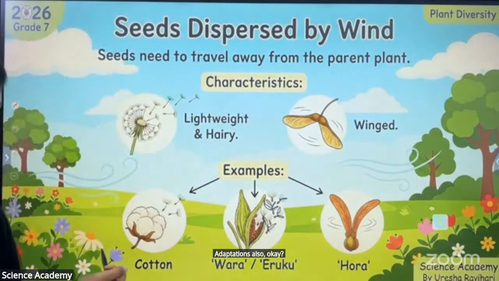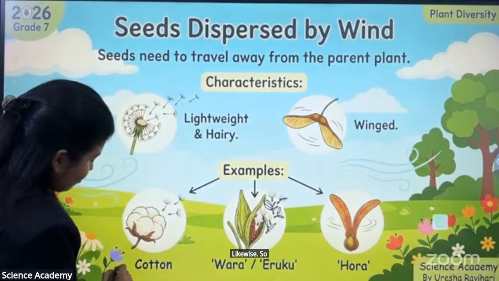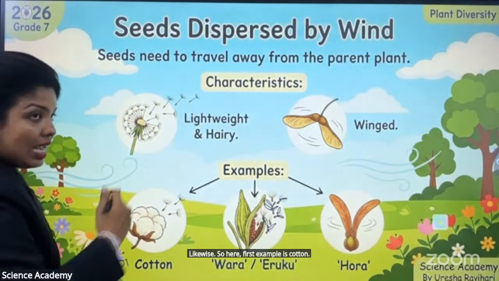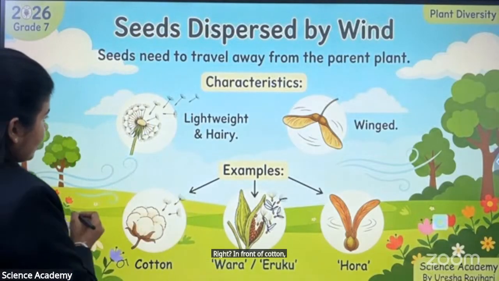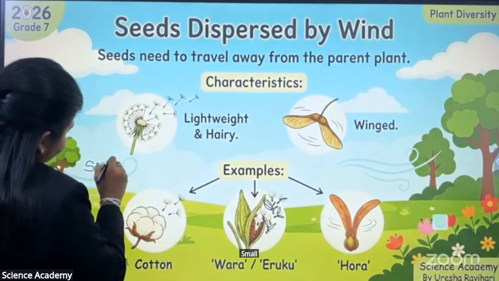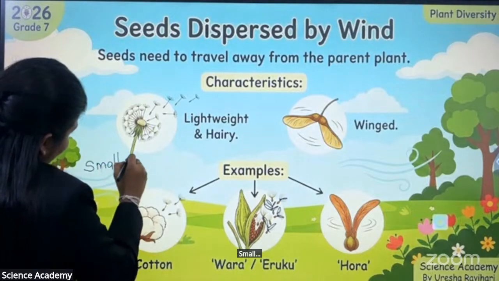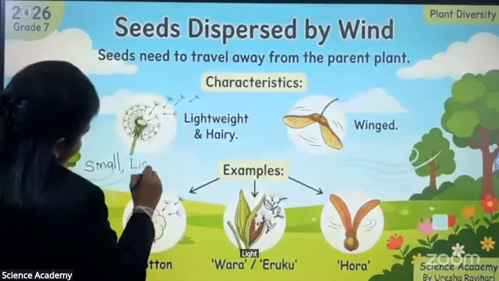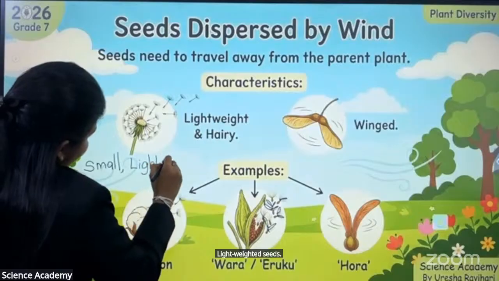Okay? Likewise. So here first example is cotton, right? In front of cotton, you can write down small, light-weighted seeds. Light-weighted seeds.